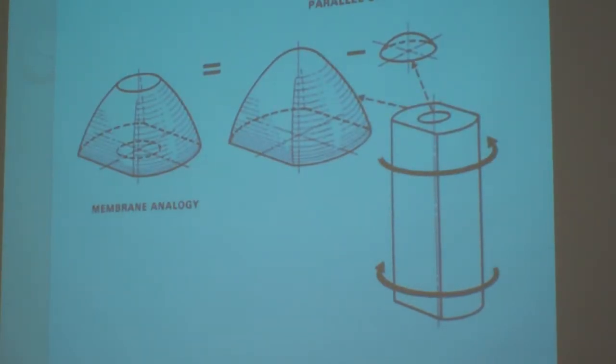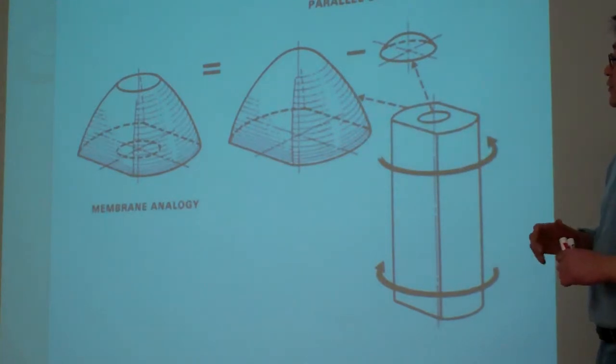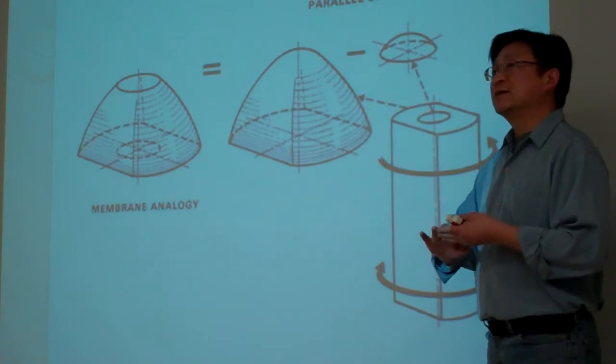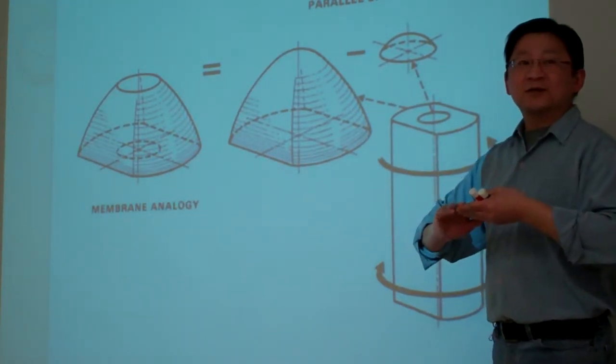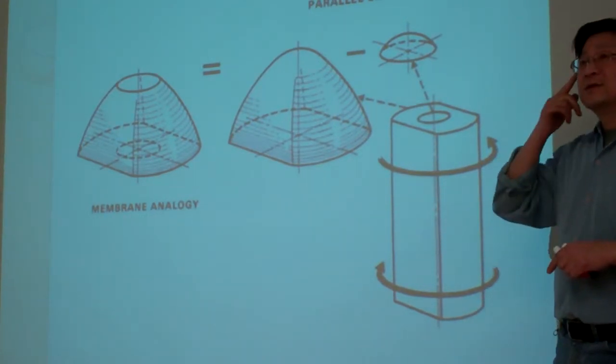So now go to a little bit different topic. This method is showing that we can use the set union or subtraction of a set to help us do some calculations.